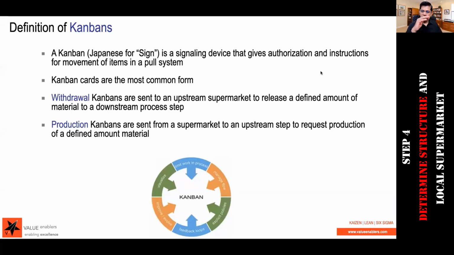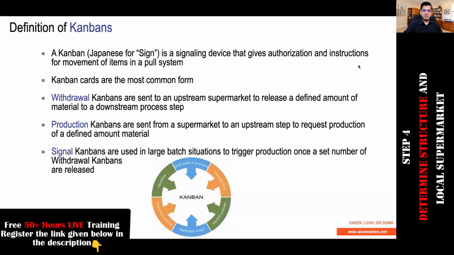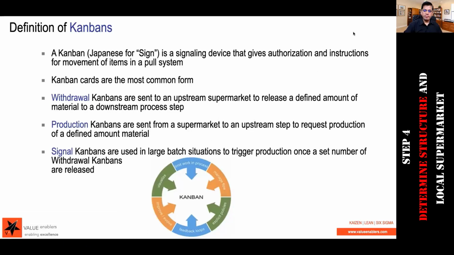People who have not attended the initial courses, don't worry about that. Whenever we move along with the material flow, it is called downstream. Whenever we're going against the material, towards raw material from finished goods, it's called upstream. Okay. Signal Kanbans are for large batch situations, to trigger production. So these are all the names, okay? We will go into the depth of Kanbans at some point in time, okay?